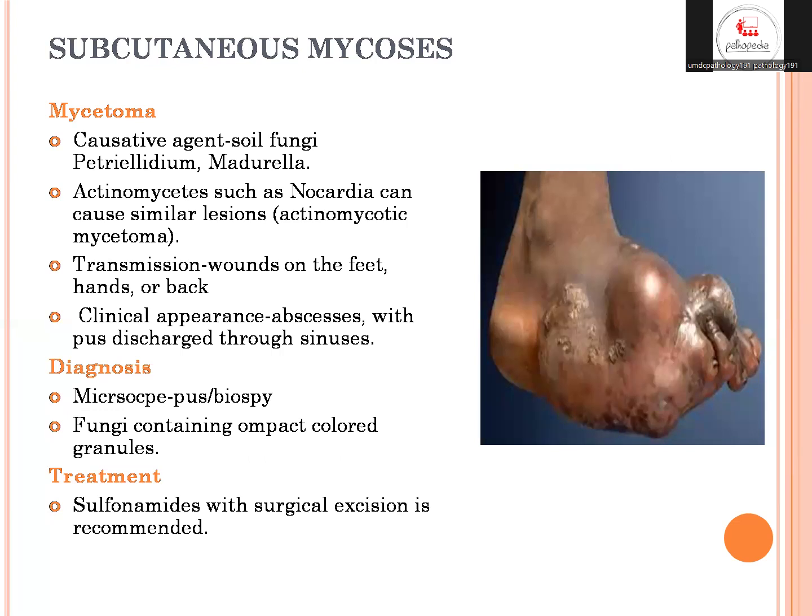It clinically appears as an abscess with pus discharging through sinuses, as shown in the picture, and can be diagnosed by microscopy of pus or biopsy. Fungi containing granules can be seen under the microscope. It is treated by using sulfonamide, and surgical excision is recommended.